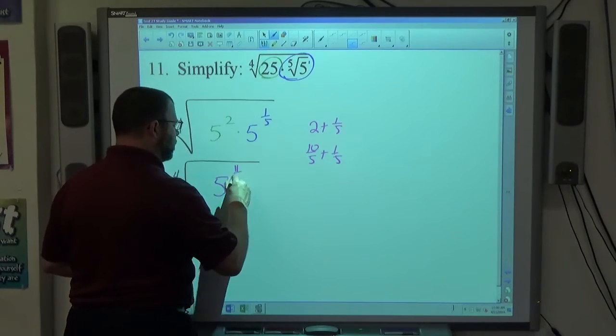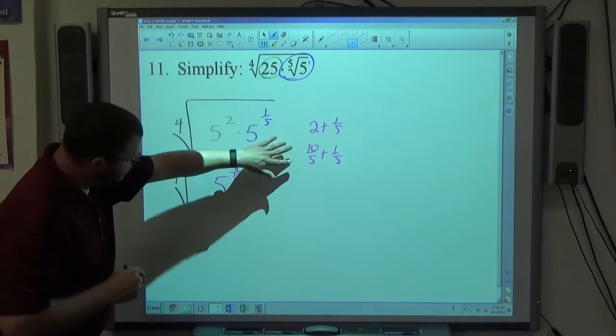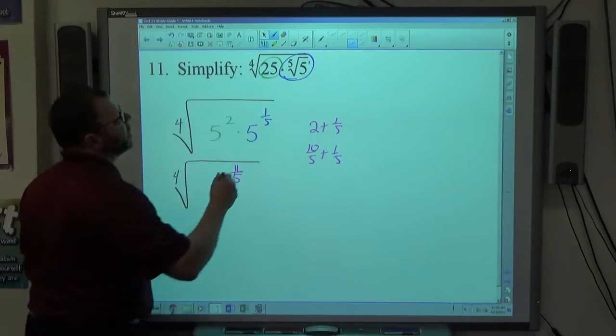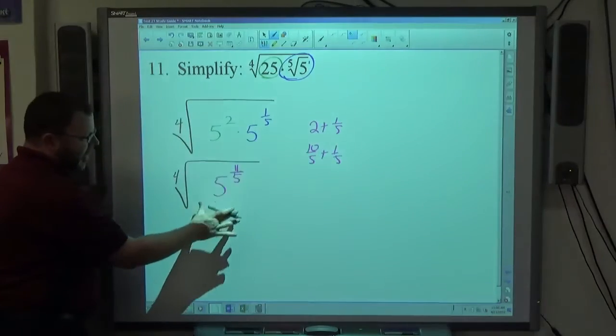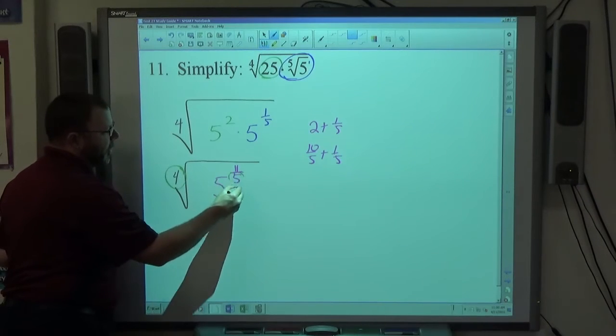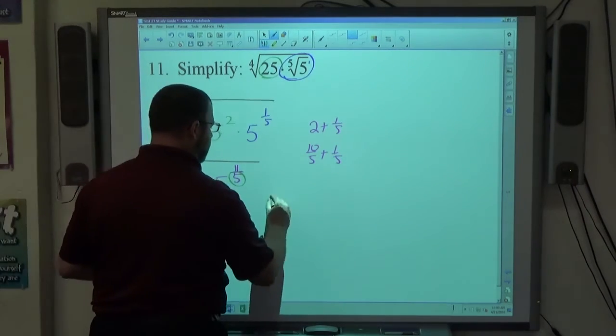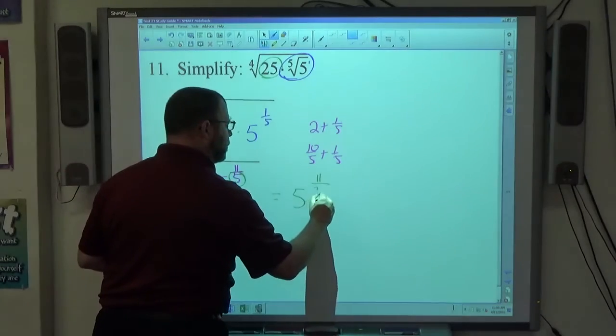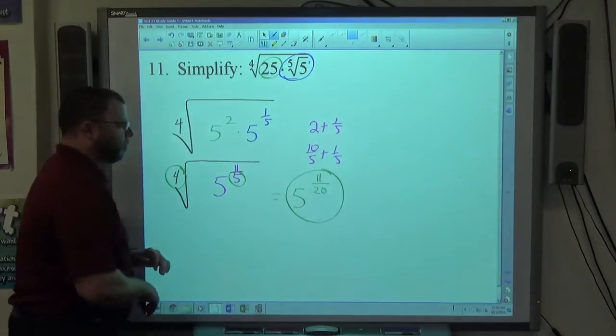So make sure you actually create fraction form to create a nice improper fraction. And the final step, once you get the inside down to a single object raised to some fractional power, this root's going to multiply by that denominator to make the new answer. So 5 stays 5, 11 stays 11, 4 times 5 makes a new denominator of 20, and there's our simplified answer.